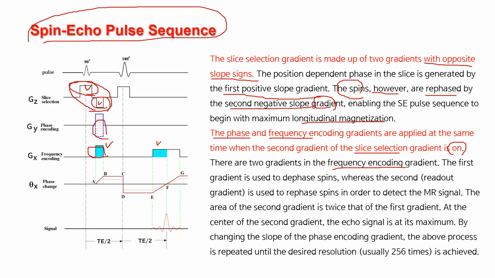The first gradient is used to dephase spins, whereas the second is used to rephase spins in order to detect the MR signals. So the second gradient rephases the spins, so it can detect MR signals.